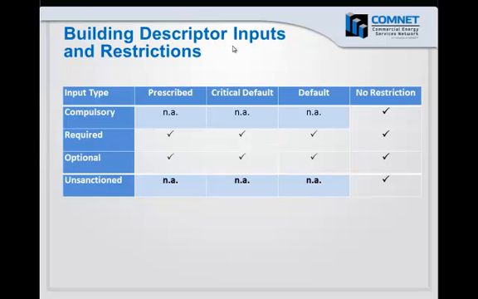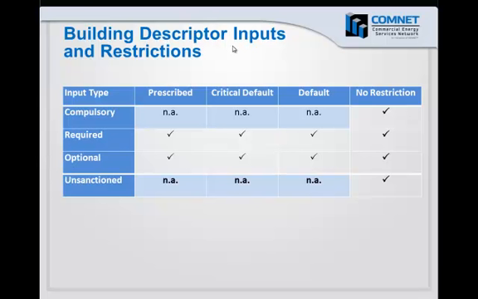You can't really have a model without specifying it. Then there's required building descriptors. These are required to be supported by the software, but they may not be needed in every model. Then there's optional building descriptors.